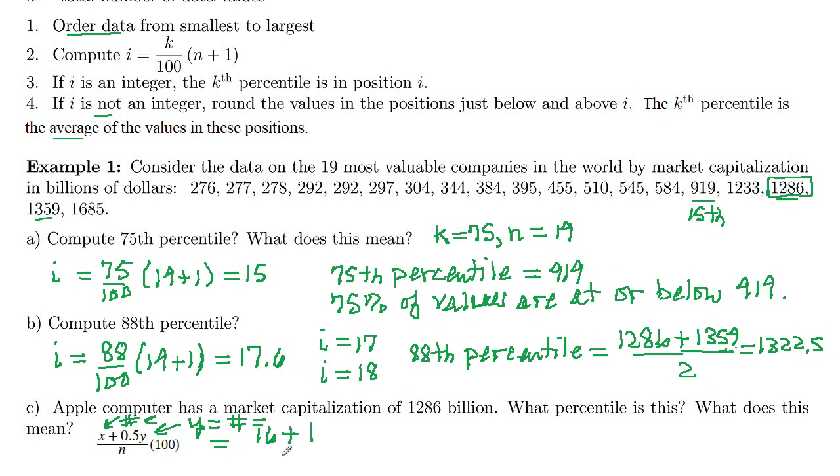So 16 plus 0.5 times 1, so 16 plus 0.5, and then n as above is the total number of values, which for us was 19. And so we've got 16.5 divided by 19, and if you compute that on the calculator, you will get 86.8, which is the 87th percentile.